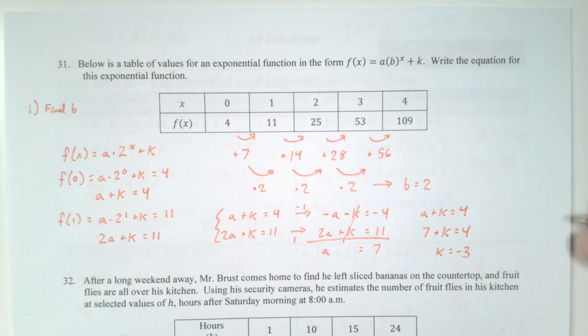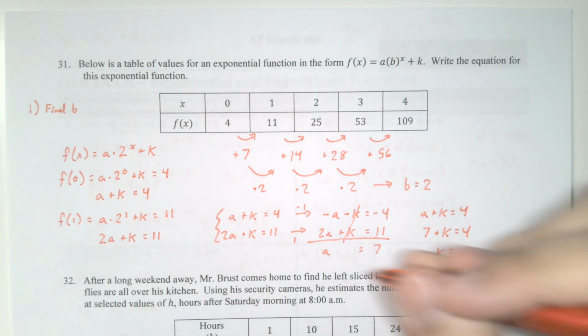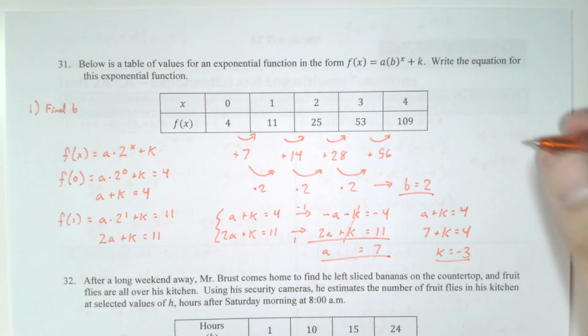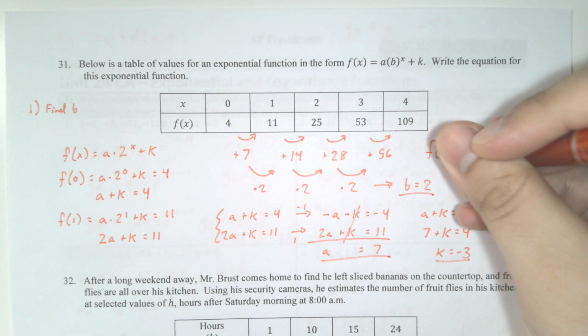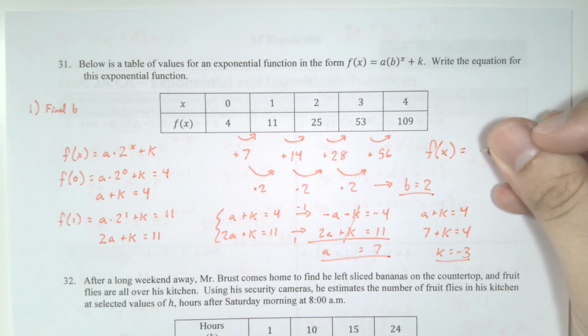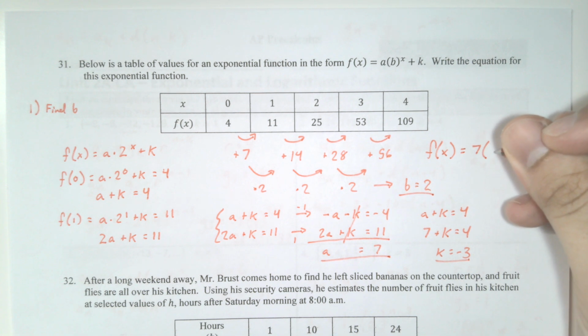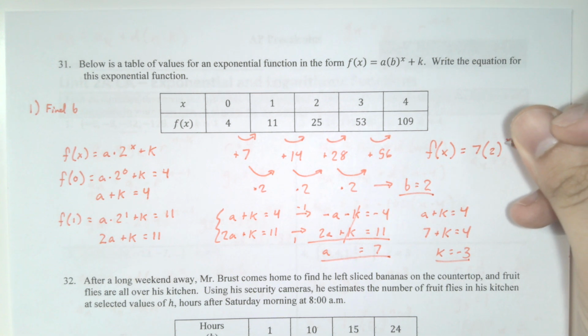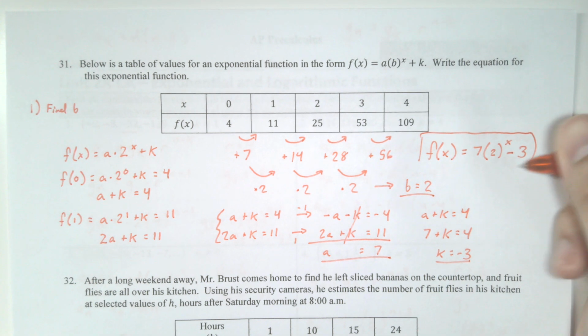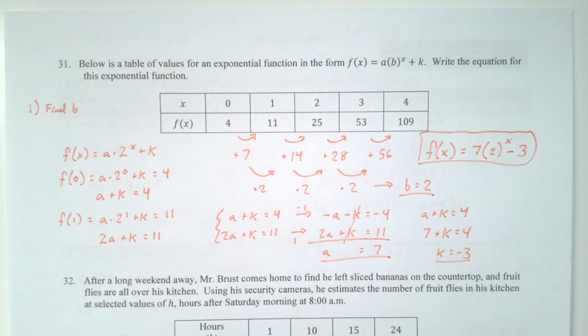And so now, since we know what k is, we know what a is, and we know what b is, we can combine all of that information and see that our function f of x is equal to 7 times 2 to the power of x minus 3. And that is our final answer for this question.